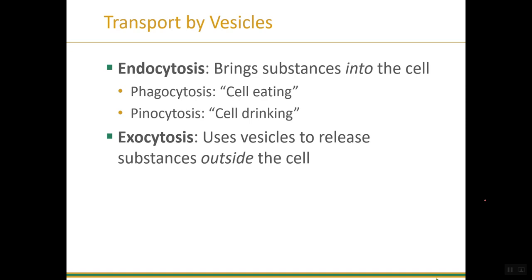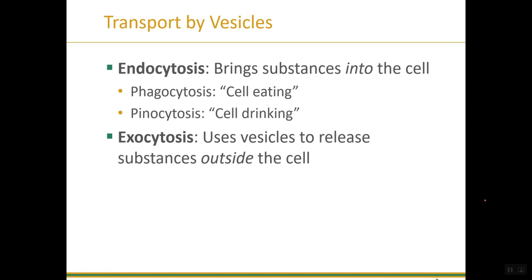You have 2 types. You have phagocytosis, which is cell eating. So you can see it makes a vesicle around a solid particle. Pinocytosis is cell drinking. This occurs when tiny vacuoles bring droplets of external fluid into the cell.